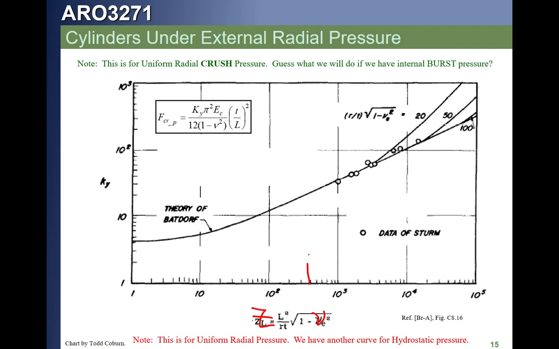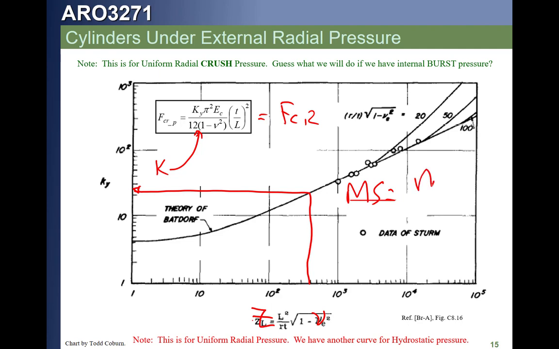We will use that Z to figure out what our K is. We'll plug that K into this equation to calculate what our FCR is. Our margin of safety would simply be FCR over whatever our crush pressure is, the stress due to that crush pressure, minus 1.